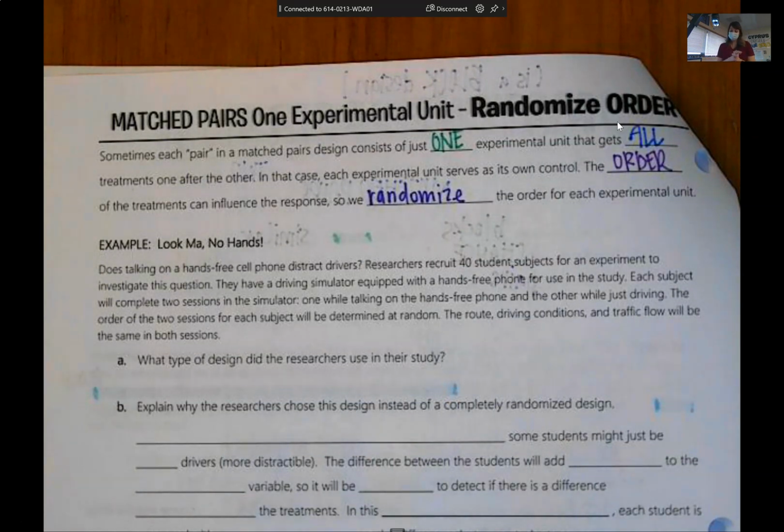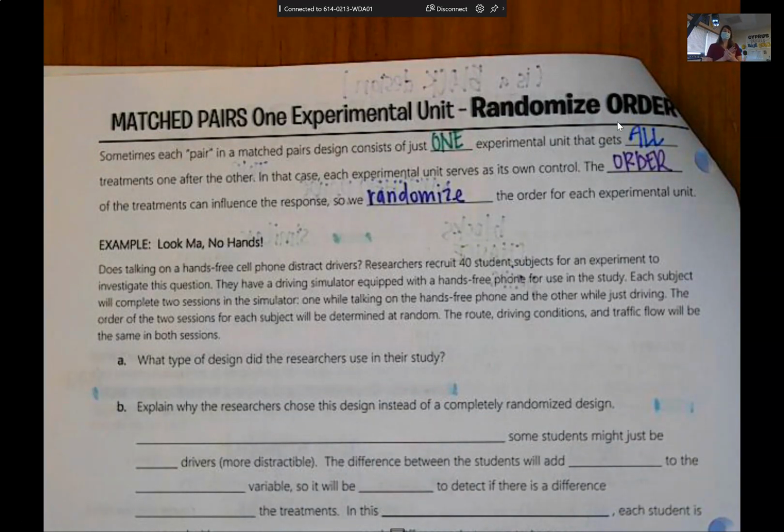Each subject will complete the 2 sessions in the simulator, one while talking and the other one while just driving. The order of the sessions for each subject will be determined at random. The route, the driving conditions, and the traffic flow will be the same in both sessions.